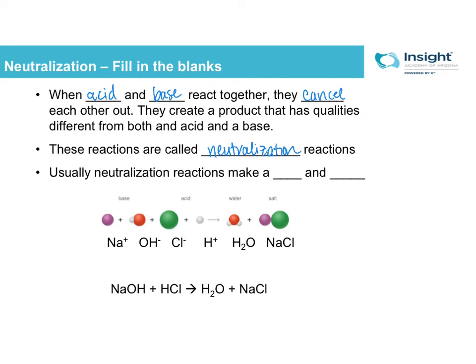And when those happen, you always make a salt and water, or H2O. You can see in here, we've got our OH and our H+, and that's how we get that H2O.